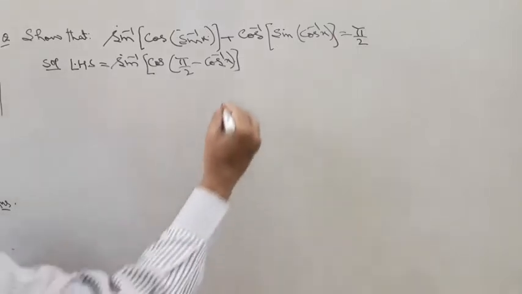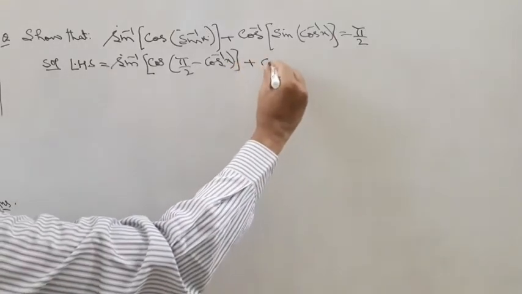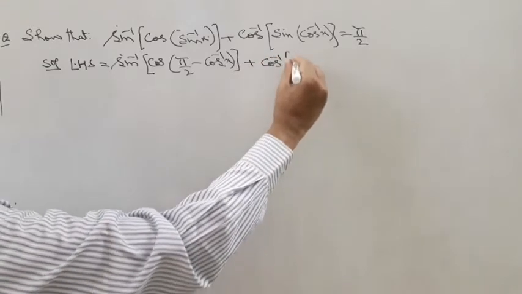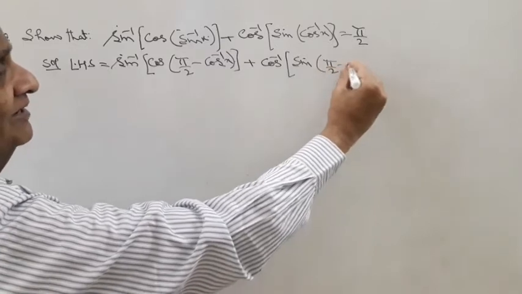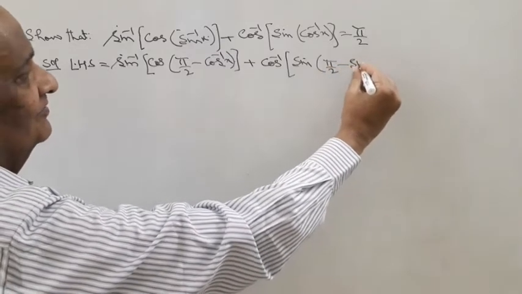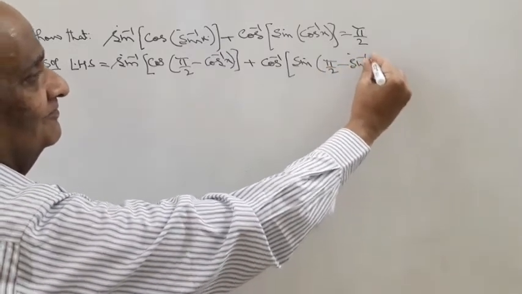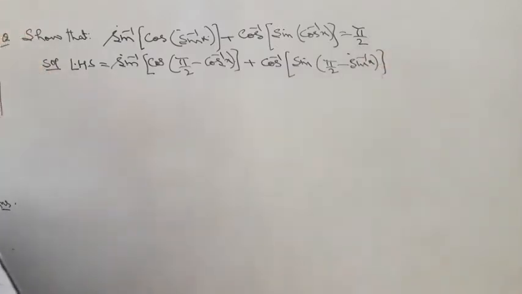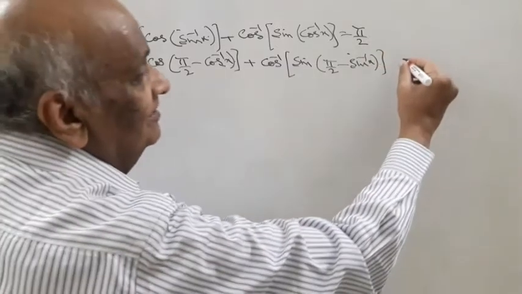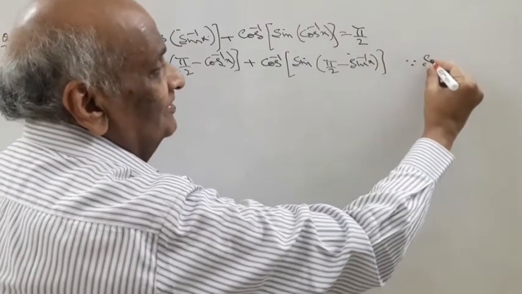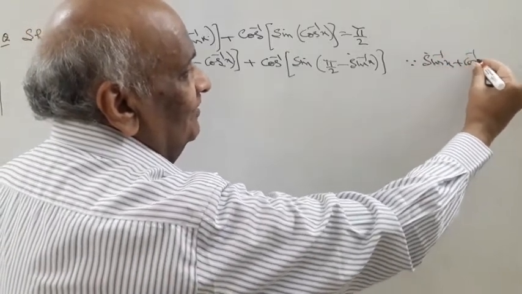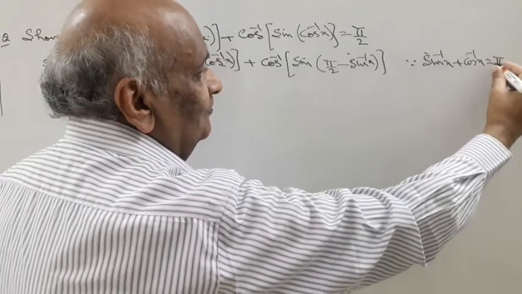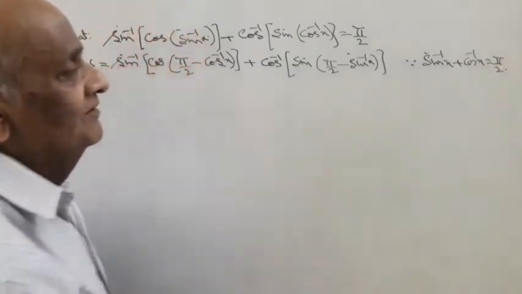So it is plus cos inverse of sine (π/2 minus sine inverse of x). You can put up the reason here, because sine inverse of x plus cos inverse of x is π/2. You can add the reason.